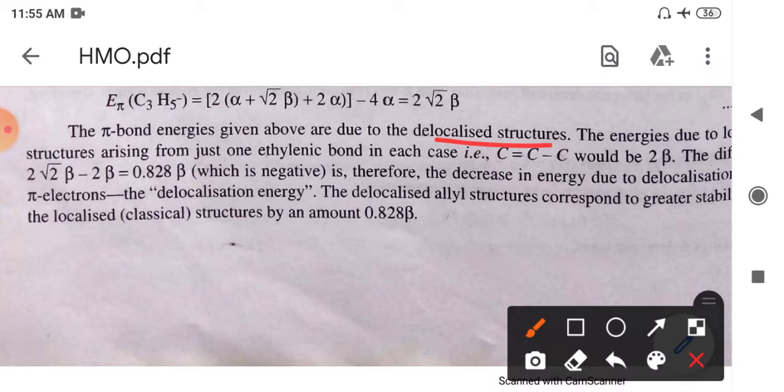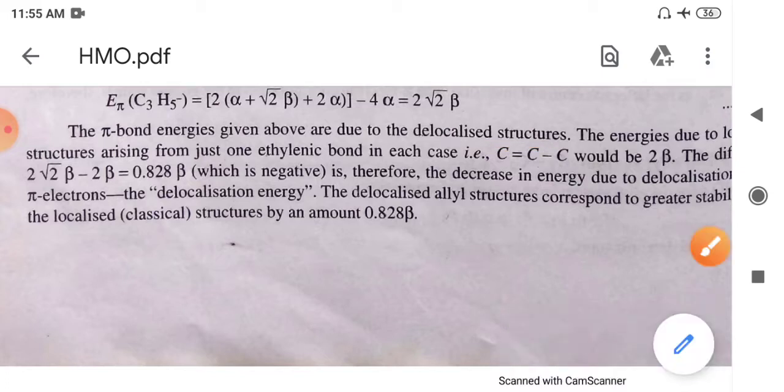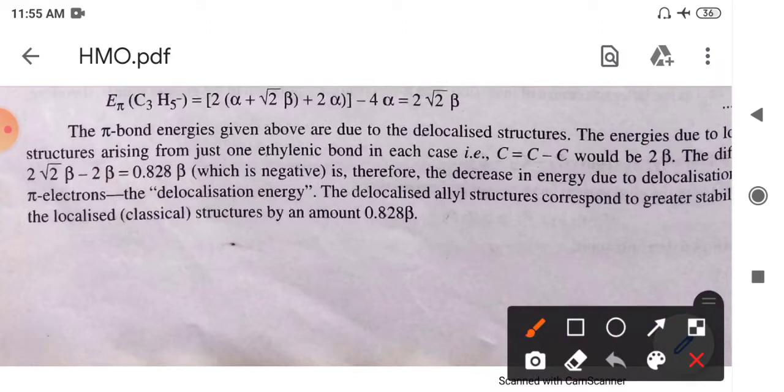So we need to find the delocalization energy. This delocalization energy can be found by simply subtracting the ethylenic bond energy. For one ethylenic bond there is a 2 beta constant. So the difference in the total energy, that is the pi energy minus this ethylenic bond energy which is 2 beta, comes out to be 0.828 beta.